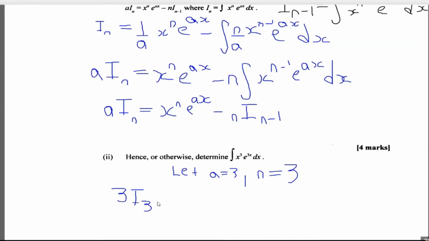So 3 times I3 is equal to x to the n, and n is 3, so it's x cubed e to the ax, which is e to the 3x, minus n times I(n minus 1). Now n is 3, so it's 3 times I(n minus 1). n minus 1 is 3 minus 1, which is 2. So we get minus 3 times I2.